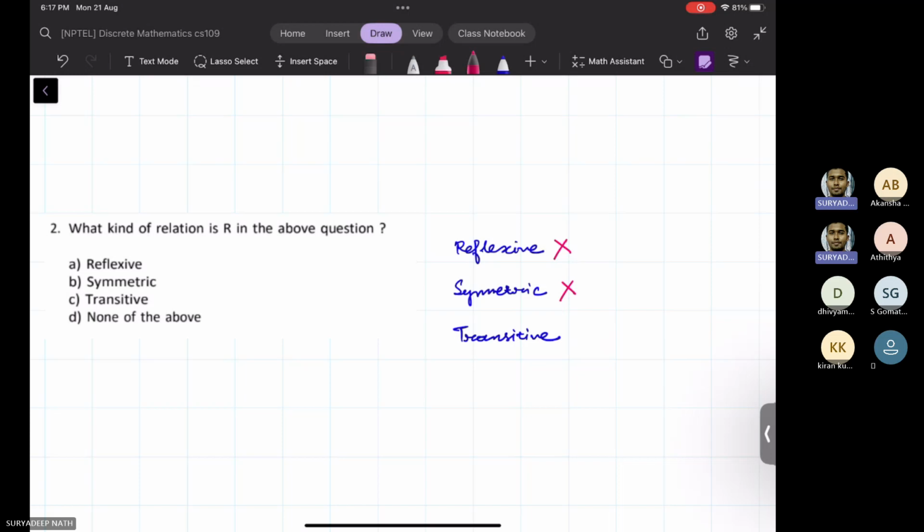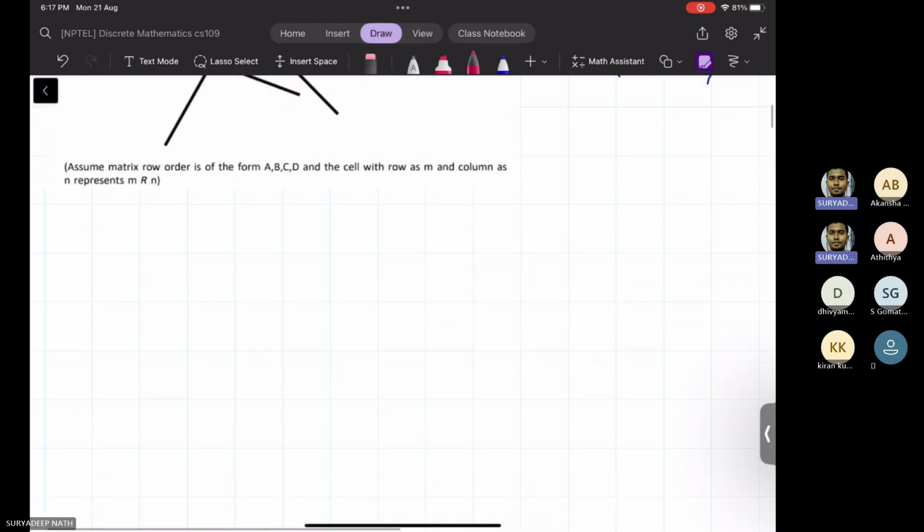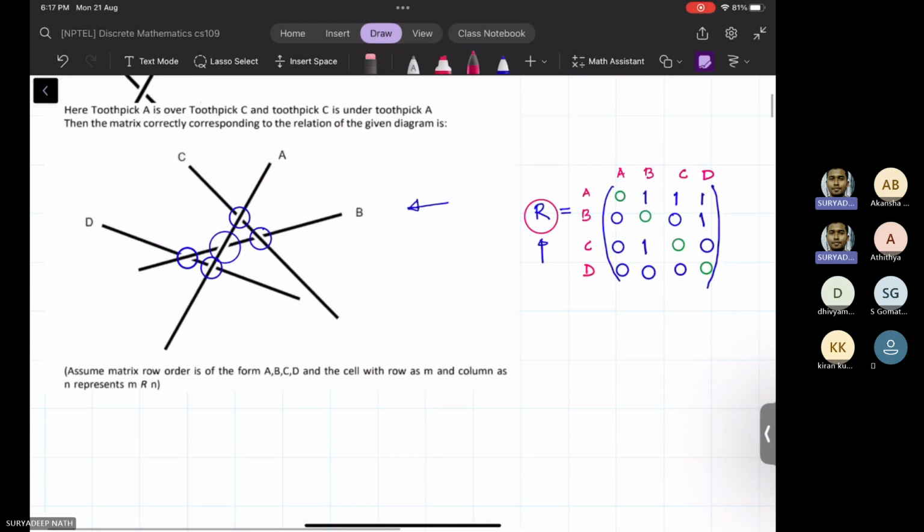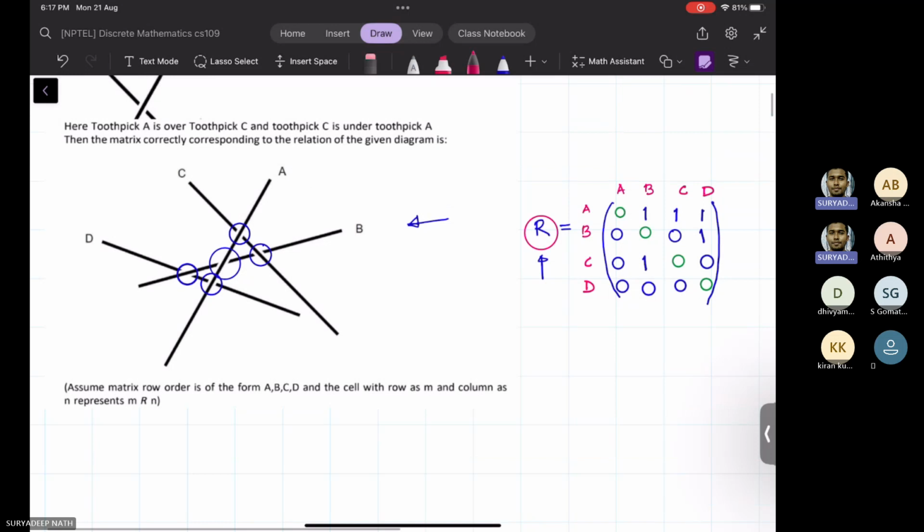Okay, yeah, you're right. It means that if A is over B and B is over C, then A is over C. Now look at this figure and say whether this will always hold true or not. If A is over B and B is over C, is it possible that A is also over C?